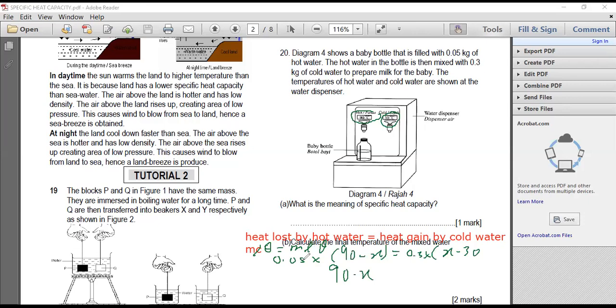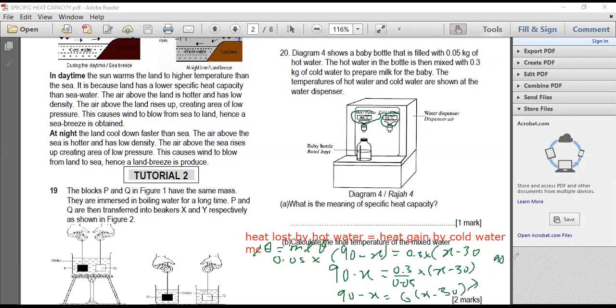The 0.05 you bring down here, so it becomes 0.3 divided by 0.05 times x minus 30. 0.3 divided by 0.05 gives 6.